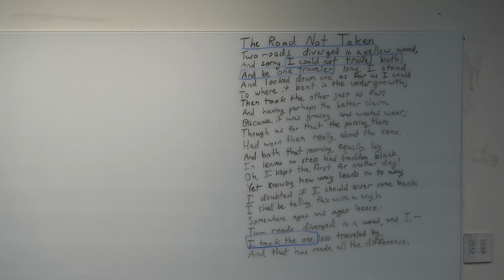And both that morning equally lay in leaves no step had trodden black. Oh, I kept the first for another day. Yet knowing how way leads on to way, I doubted if I should ever come back. I shall be telling this with a sigh somewhere ages and ages hence: two roads diverged in a wood, and I took the one less traveled by, and that has made all the difference.